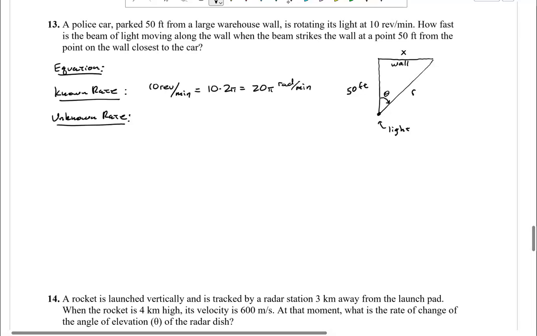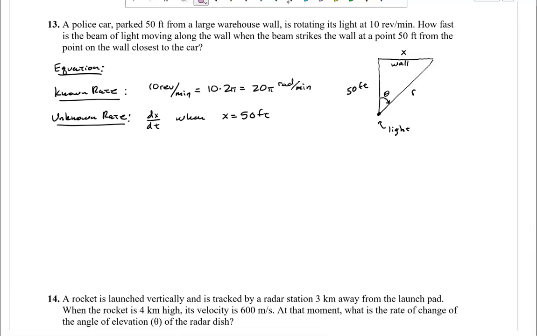The question is asking how fast is the beam of light moving along the wall when the beam strikes the wall at a point 50 feet from the point on the wall closest to the car. So we're talking about how fast is this distance changing. In other words, we want to find dx/dt when x is 50 feet.